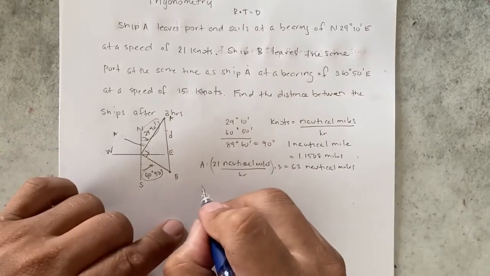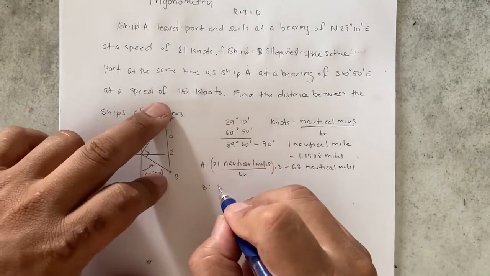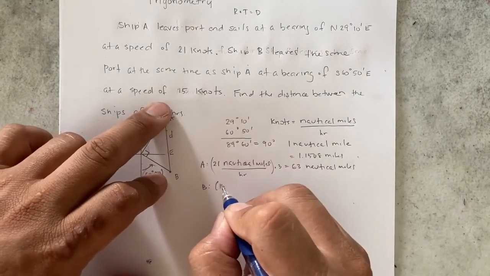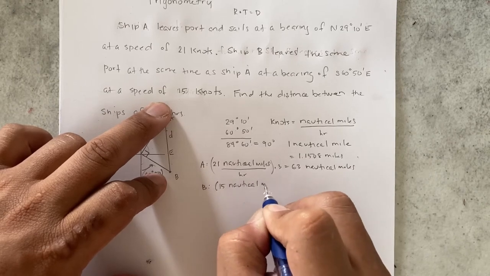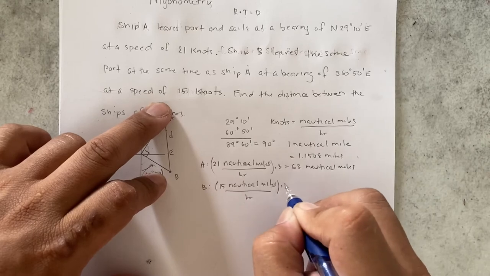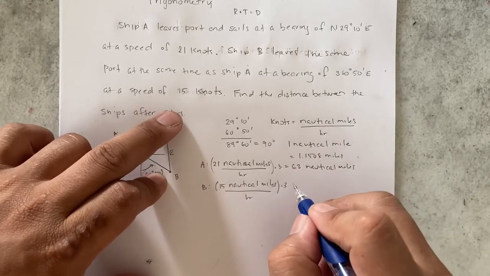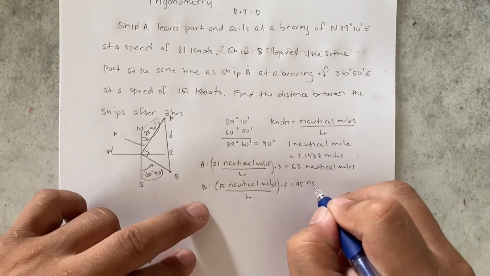Okay, for B, we have 15 knots or 15 nautical miles per hour. And we times it by 3 hours, rate times time, equals 45 nautical miles.